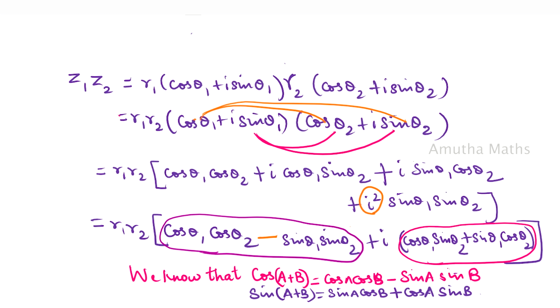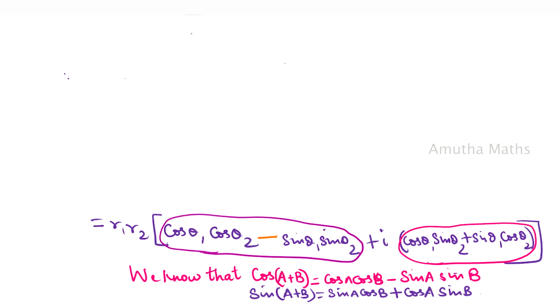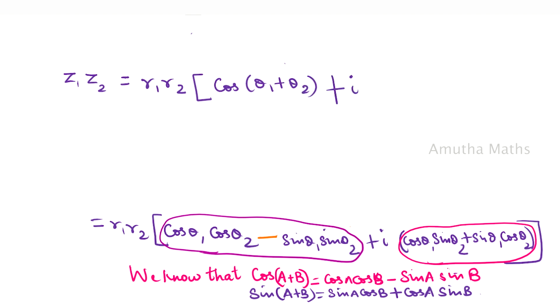So using this I can write Z1 into Z2 is equal to R1 into R2 into cos theta 1 cos theta 2 minus sin theta 1 sin theta 2, which can be written as cos of theta 1 plus theta 2, plus I into sin of theta 1 plus theta 2, using the formula.